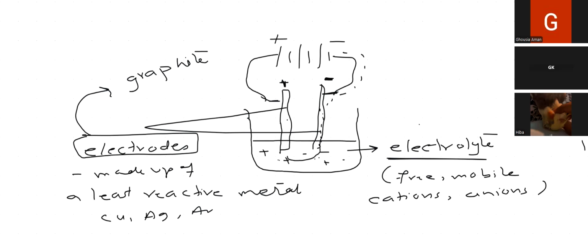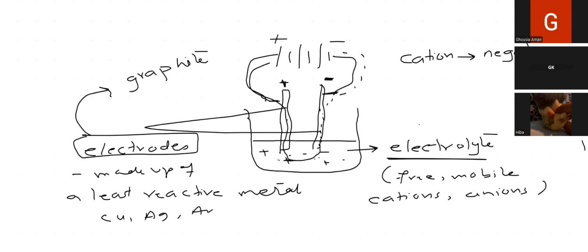On the passage of electricity, some changes will take place in the electrolyte. What changes will be taking place in the electrolyte? All the cations, the positively charged particles, will be attracted to the negative pole, and a chemical reaction will happen over there. So the negative pole is given the name cathode.